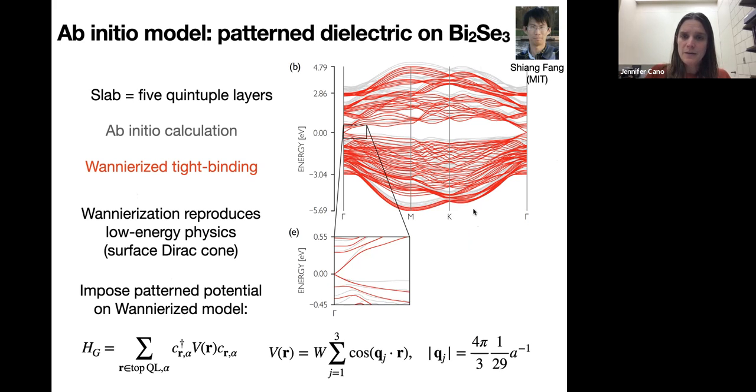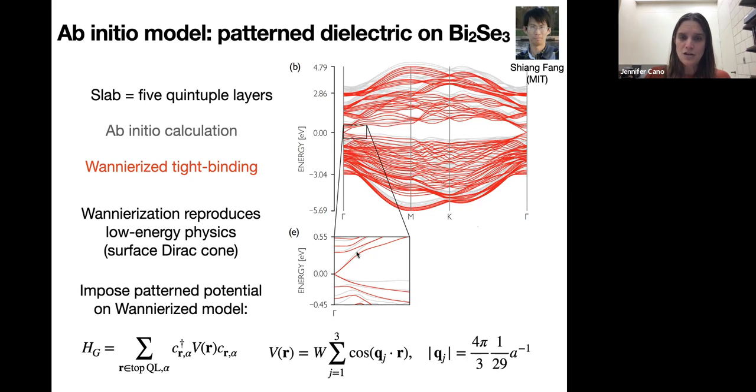Let me explain what this band structure is showing. The gray lines are our ab initio calculations for a slab of 5 quintuple layers of bismuth selenide, and the red lines are showing some Wannierized tight binding model. At the higher energies they differ, but at the lower energies near the Dirac cone, which is where all the surface physics is, they agree reasonably well.